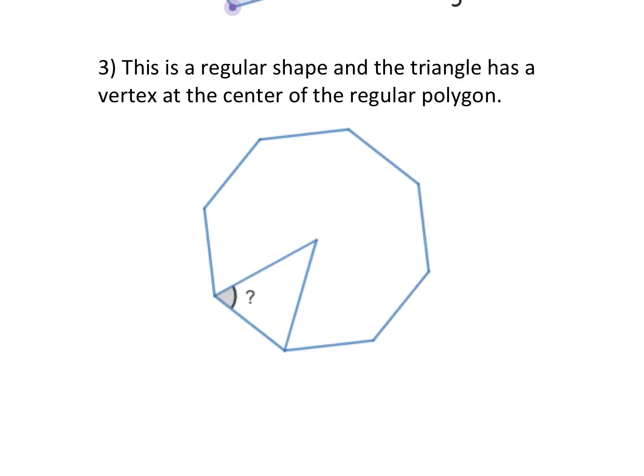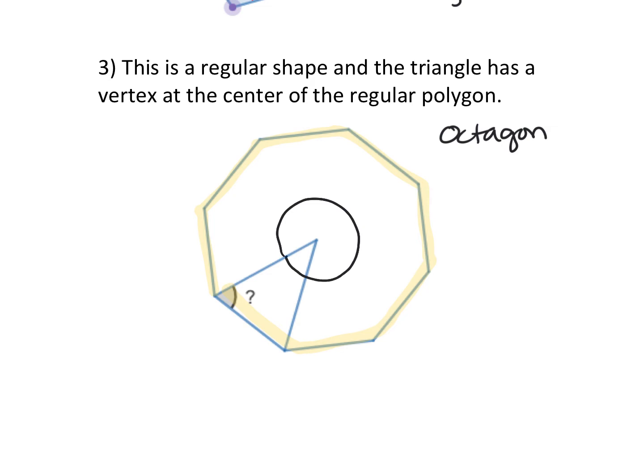For number 3, we have that this is a regular shape, and so regular is an important word there. And the triangle has its vertex at the center of the regular polygon. So the first thing I want to know is how many sides does this thing have? And it has 1, 2, 3, 4, 5, 6, 7, 8 sides. So this is an octagon. And that is going to help me get the measure of this central angle, because if we went all the way around, that's a circle.